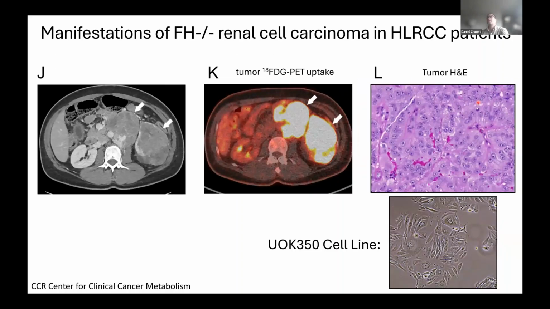Here's yet another example of a patient where we derived a cell line. Again, large nuclei, angry nucleolus, and people have said that they look like virally infected nuclei. I think that might be an interesting thing to think about further.